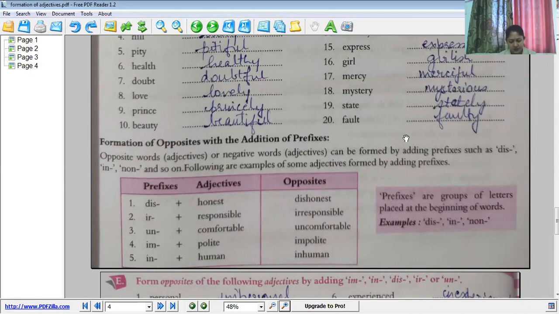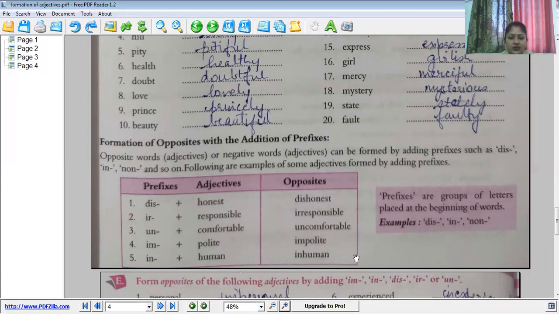Un plus comfortable will become uncomfortable. Then im plus polite will become impolite. Then you have in plus human will become inhuman, children. Okay. So like that, there are many other examples also. Okay, you can see these negative, when you use negative adjectives, you can come across these.